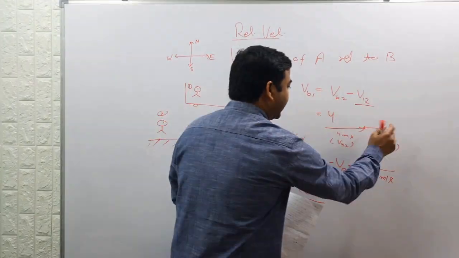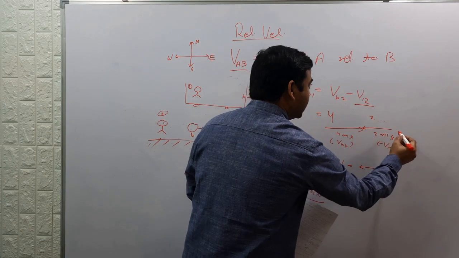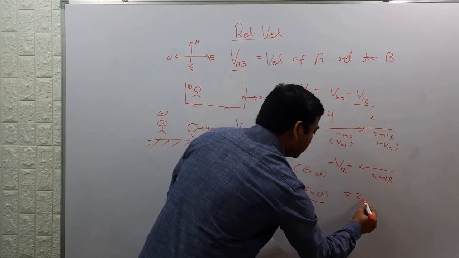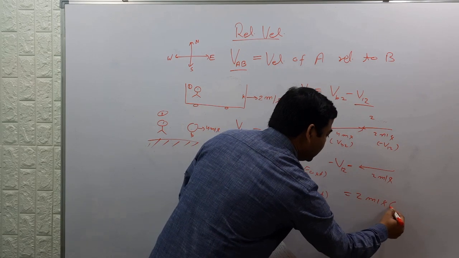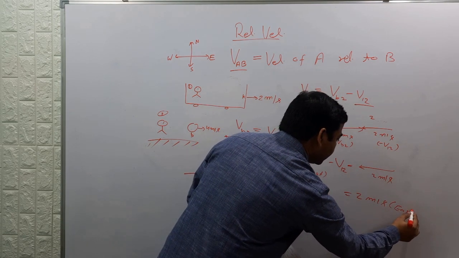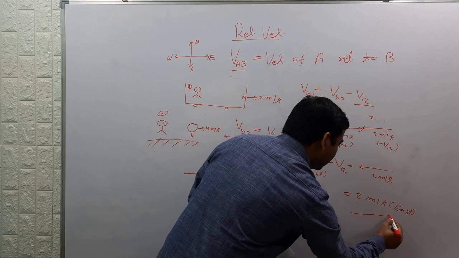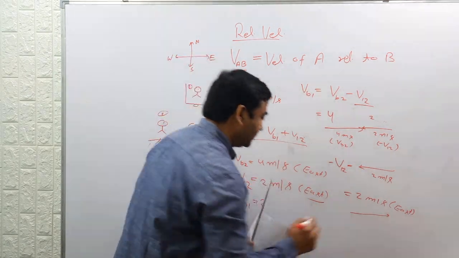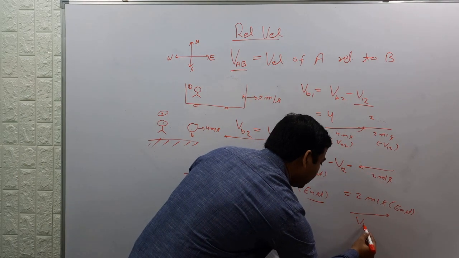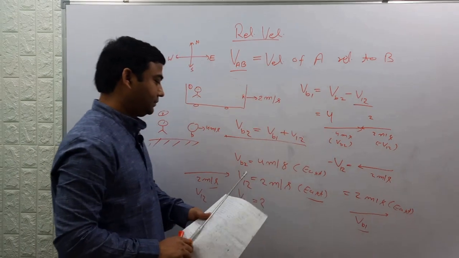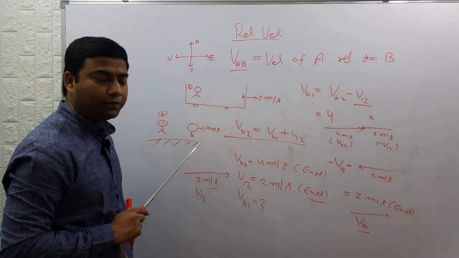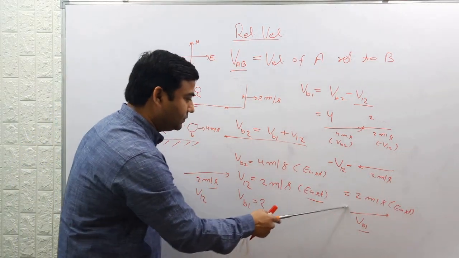So this resultant vector is 4 minus 2, that is 2 meter per second in the east direction. This is the resultant vector, and this is VB1, the velocity of the ball with respect to observer 1.